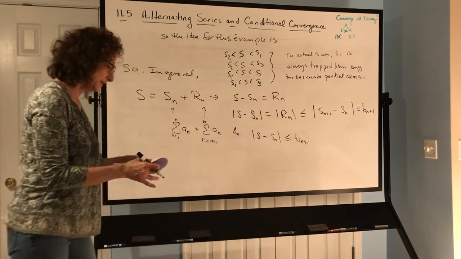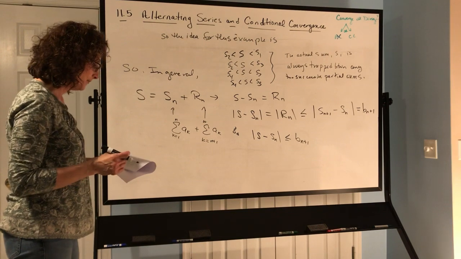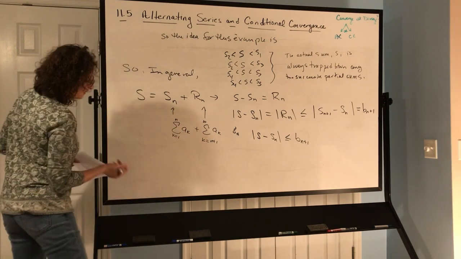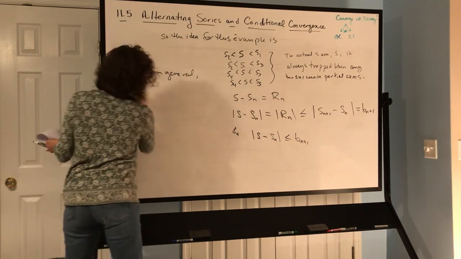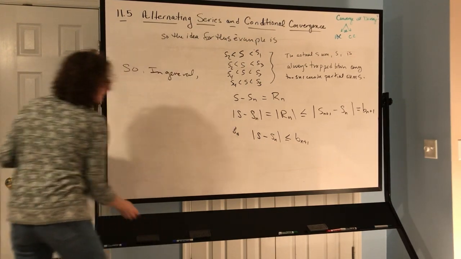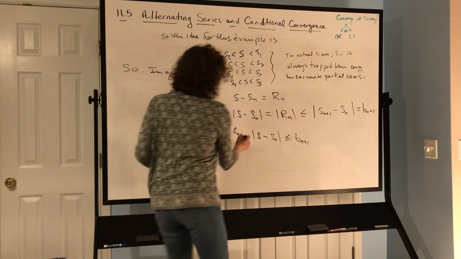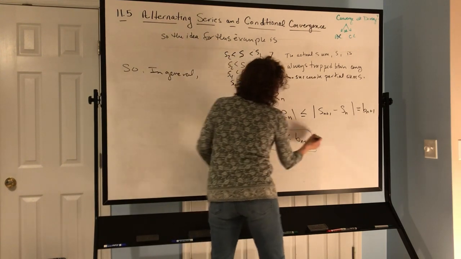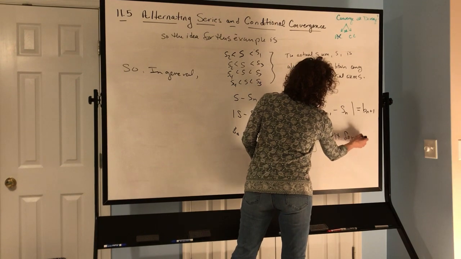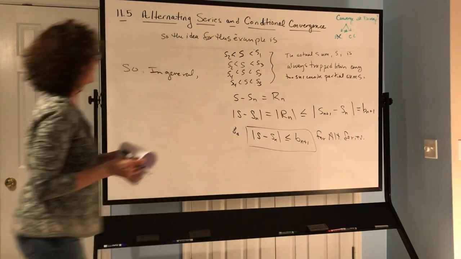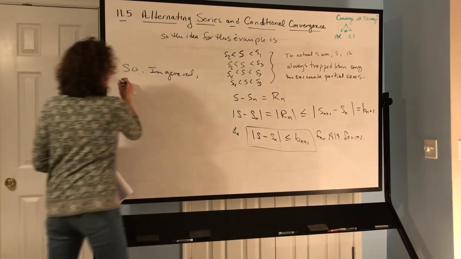That's super cool. Let's see how that gets used. It gets used in a variety of ways, for alternating series. Only alternating series, not if you don't have an alternating series.